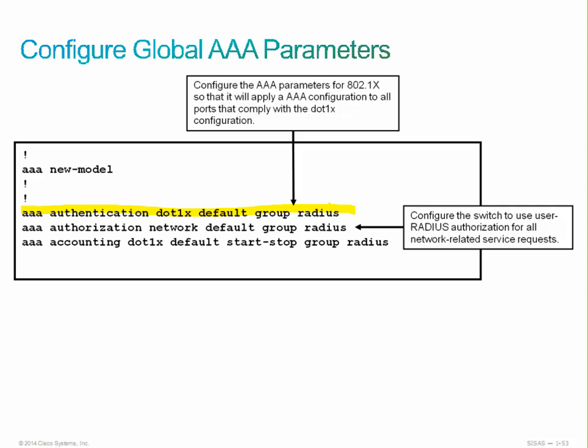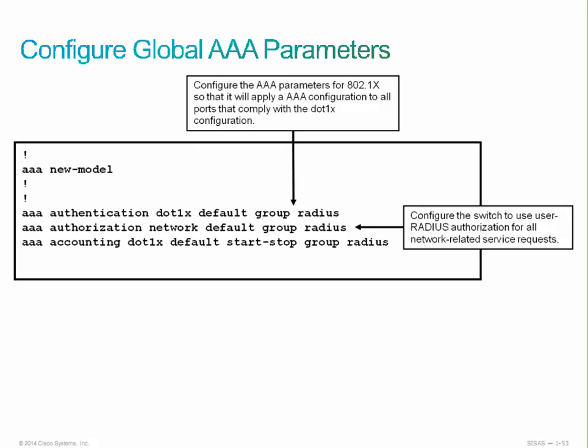We don't necessarily have to use the default method list. .1x, of course, applies to the fact that we're going to be doing .1x authentication. Default is the group name. We could specify a different group name if we so chose to, but then we would have to identify that group specifically on each interface. And then this is the method that we're using. In this case, group radius means we're going to use our radius configuration to provide for the authentication.